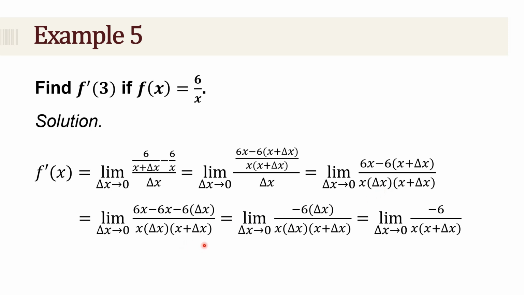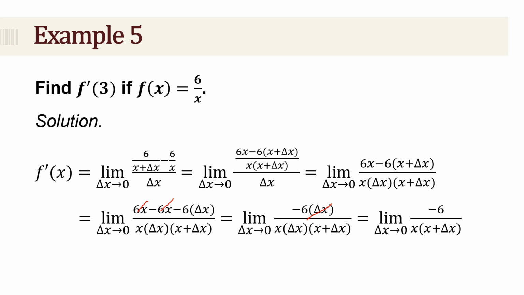So pag pinasok natin ngayon yung 6 dito sa loob ng parenthesis, we have 6x minus 6x minus 6 delta x all over x times delta x times x plus delta x. At pwede na natin ngayong i-cancel tong part na to, which leaves us with negative 6 delta x over x times delta x times x plus delta x.